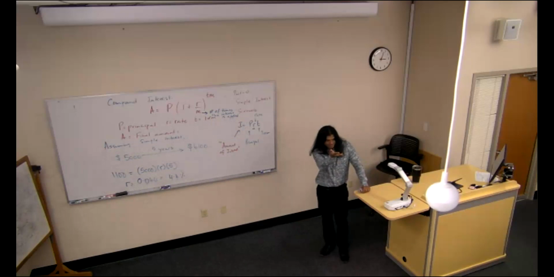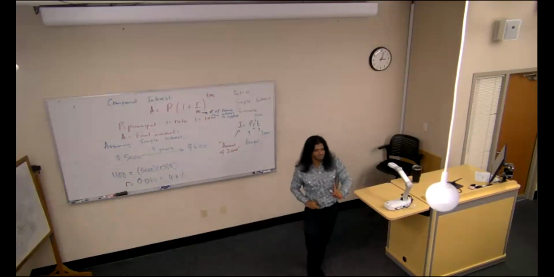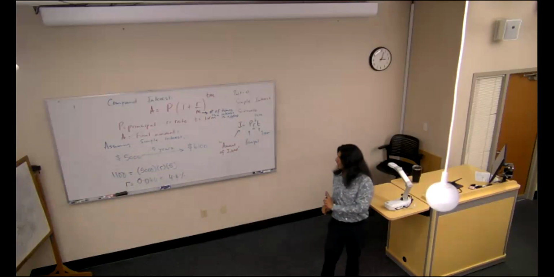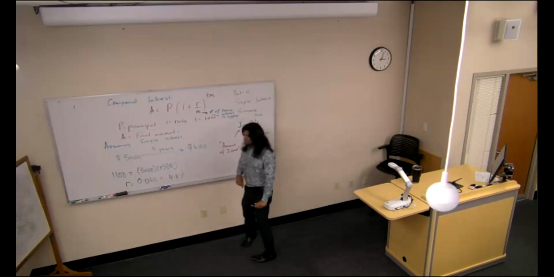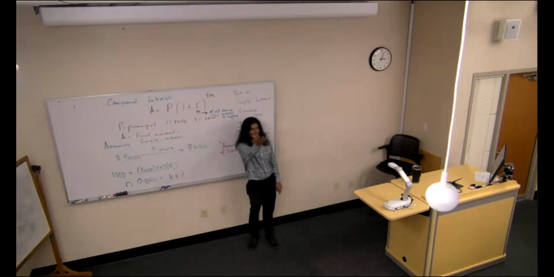Go ahead. One. Louder. What's your name? Cameron. Cameron says 1. If you apply the rate once a year, the value of M is 1. Let's say if you apply it quarterly, what is the value of M? Make it 4. We have 4 quarters.